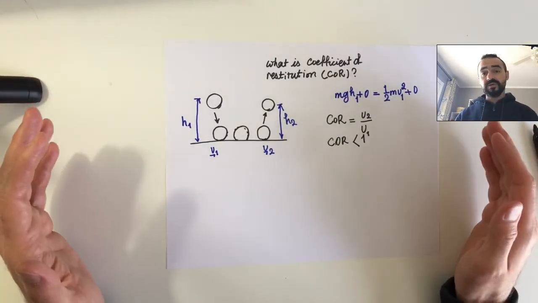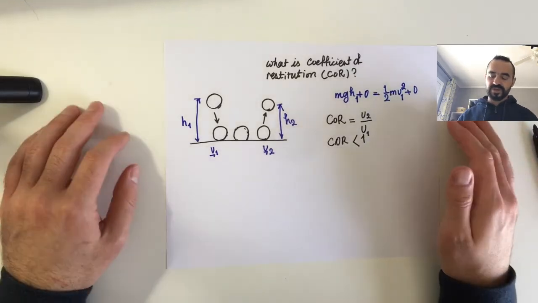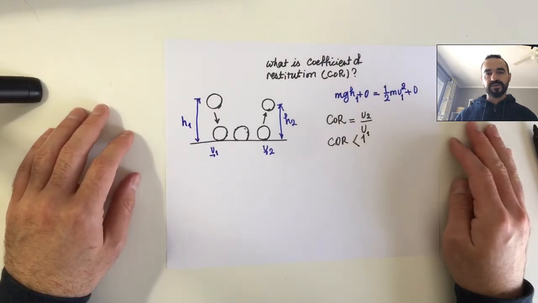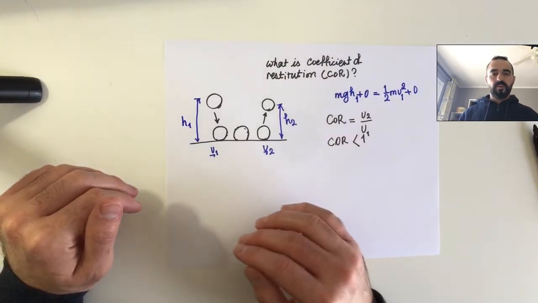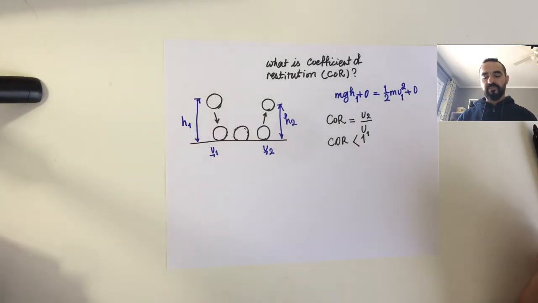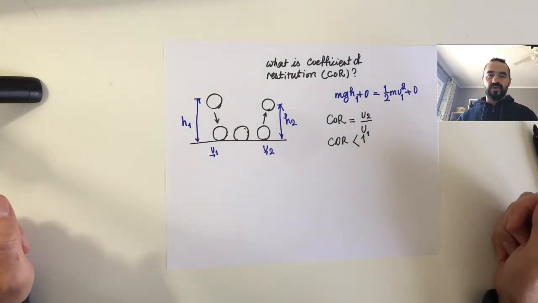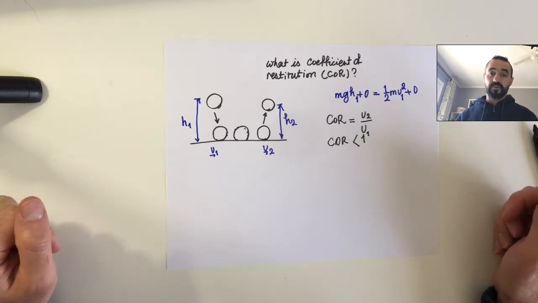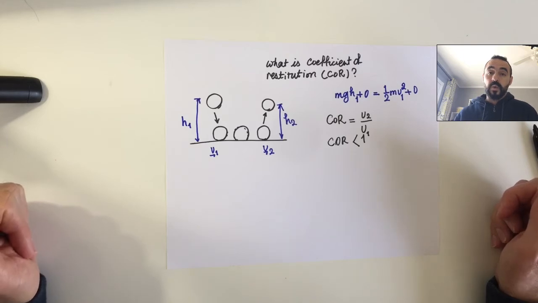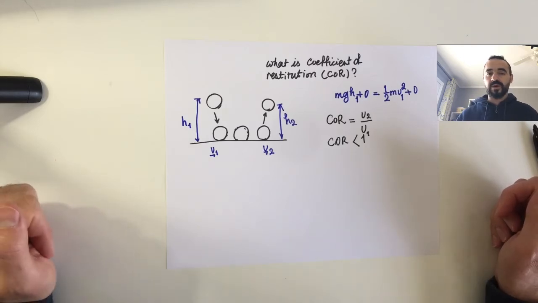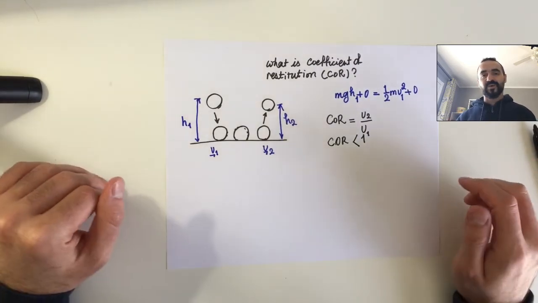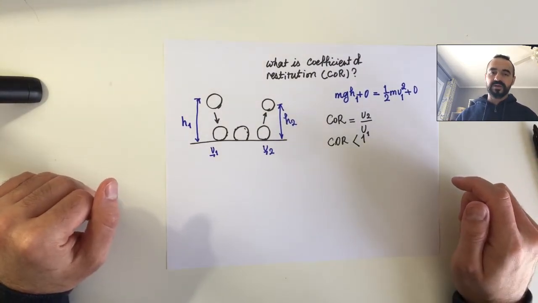Now, you've got to ask other questions like, what affects this coefficient of restitution? For example, would it be different if I performed this experiment on a different surface? Would it make any difference if the surface was wet or dry? And you should definitely ask, how about the ball itself?